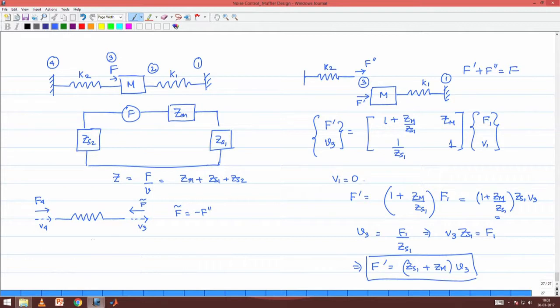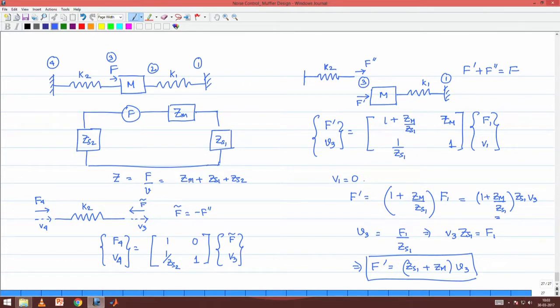So, this transfer matrix is known to be F4 V4 equals the matrix 1, 0, 1 by Zs2, where this is the spring constant K2, and 1, times F tilde V3, right.